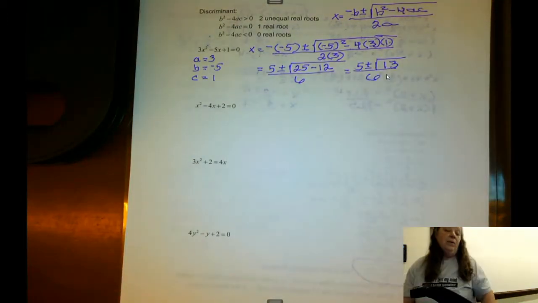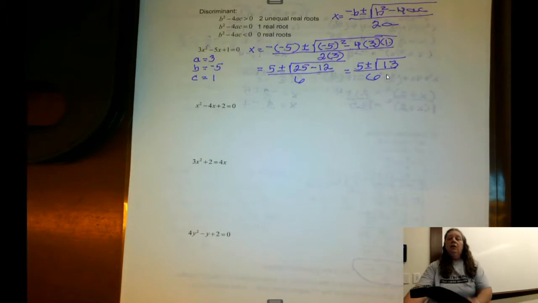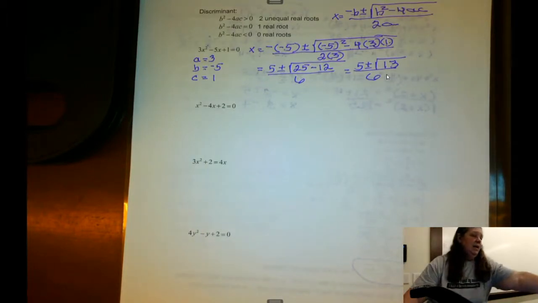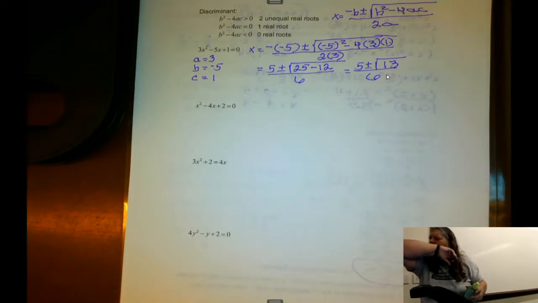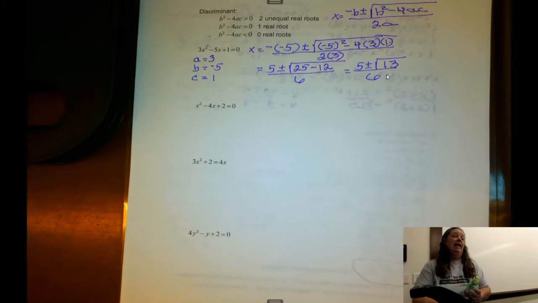And this is what we give as our answer. We don't give the approximate answer of figuring out what square root of 13 is unless it's an application problem. We actually want numbers.